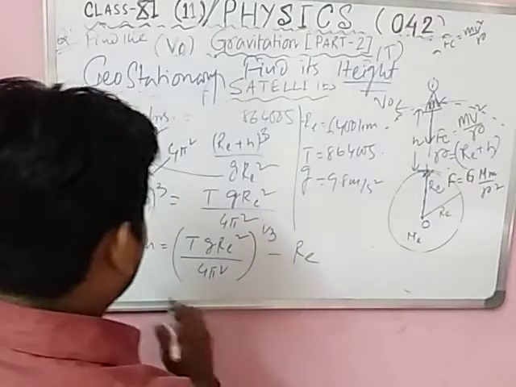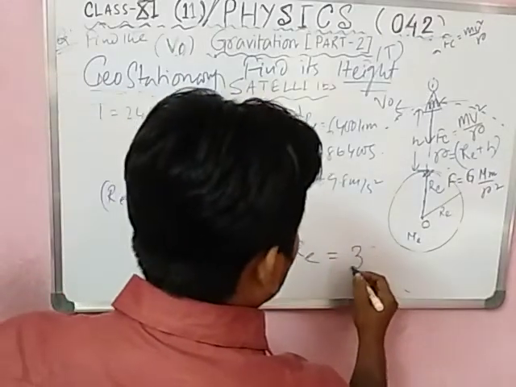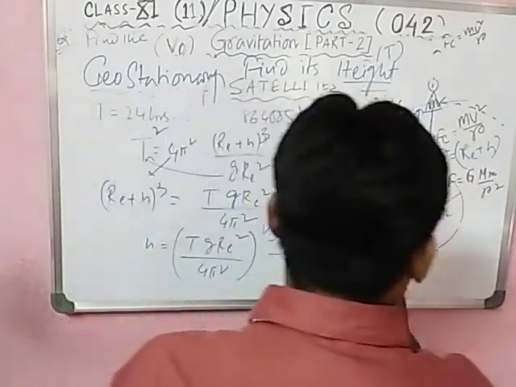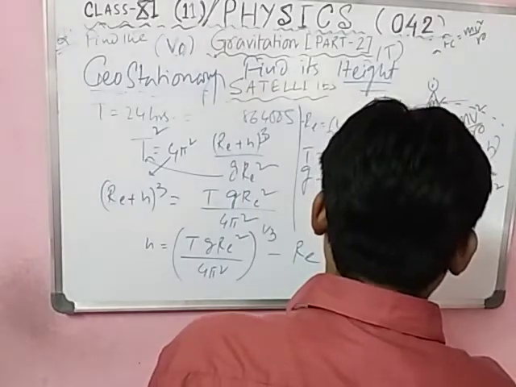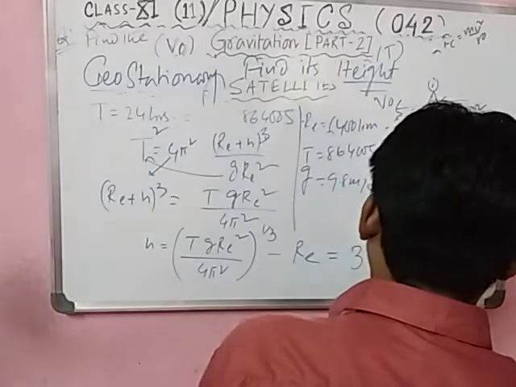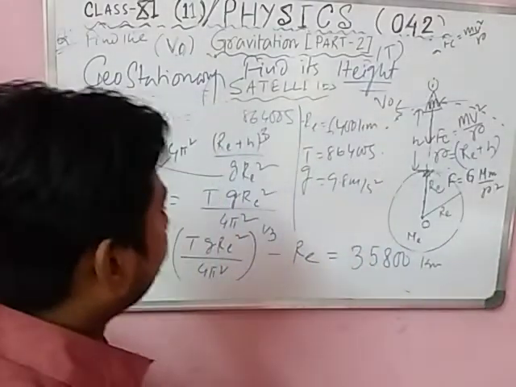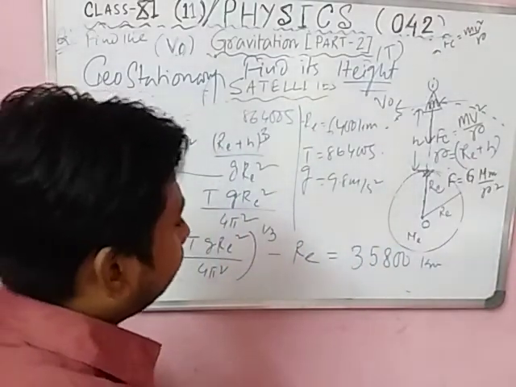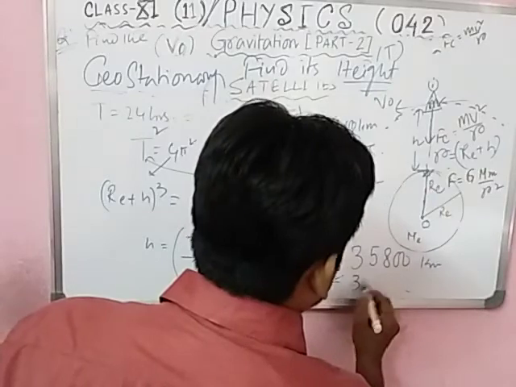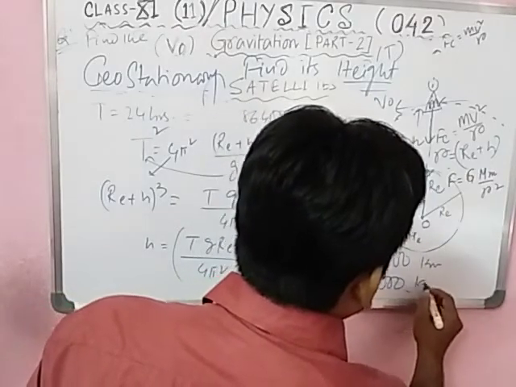If you put the value, you will get height equal to 35,800 something kilometer. This is the height of the geostationary satellite. Students, or nearly you can write 36,000 kilometer.